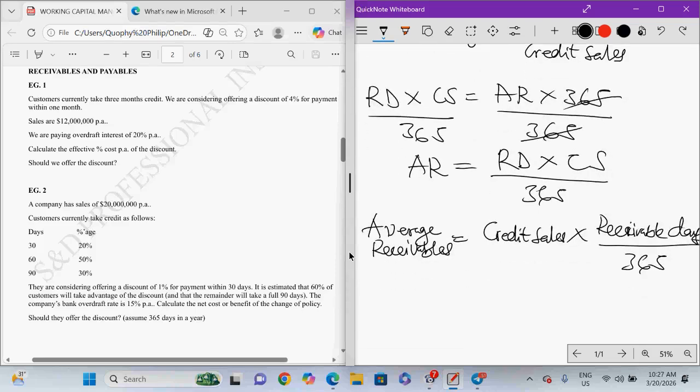Since it's the number of days over the total number of days, the days over the total. That is why I give it to this one. It's still correct. Okay, so from this, what is our average receivable?